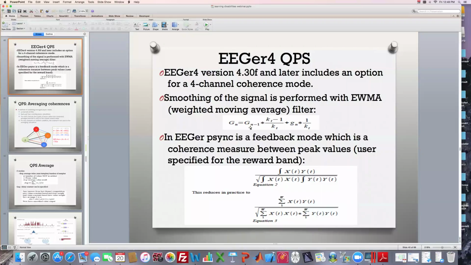If you're interested in the math, this is how the smoothing function is performed on the EEG and how P-sync is evaluated in Eager, which is very similar to what people on other software platforms call pure coherence or coherence. It's just performed with the peaks of the EEG as opposed to the total EEG.